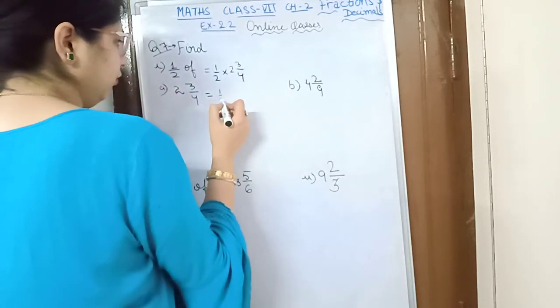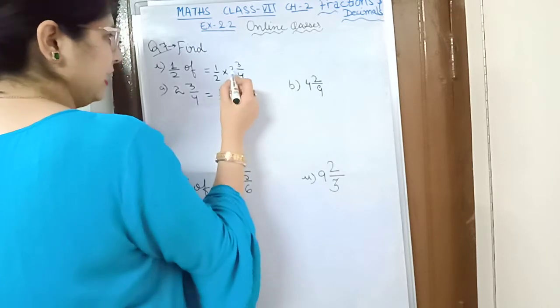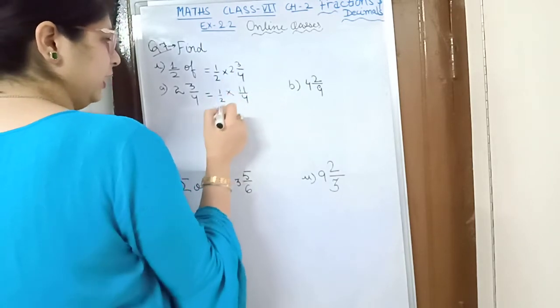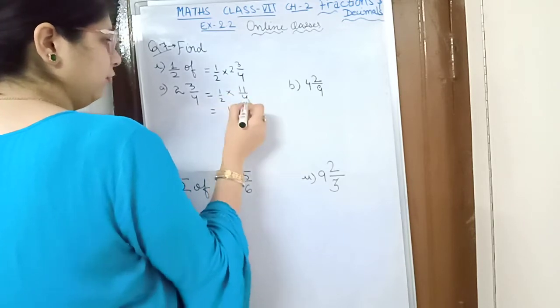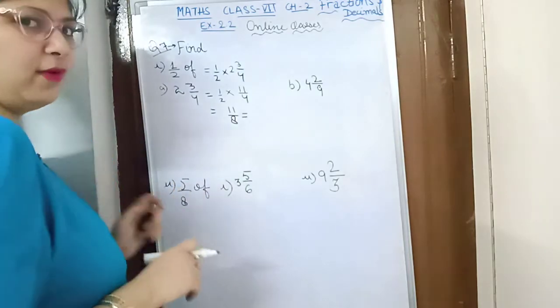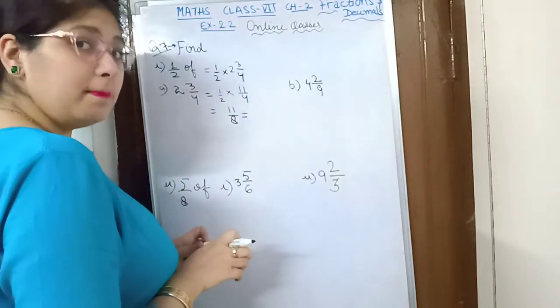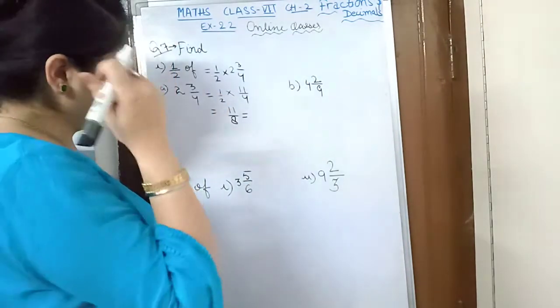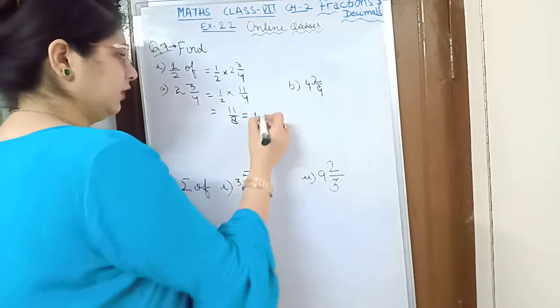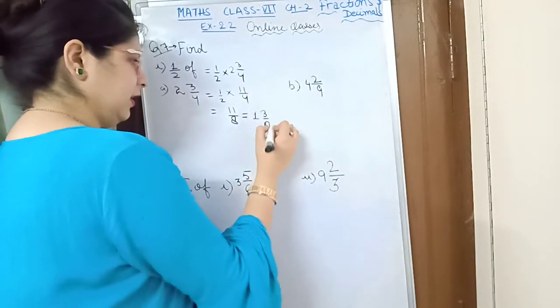So 1 by 2 into 4 2 is 8 plus 3 is 11 upon 4. So 1 into 11 is 11, 2 into 4 is 8. So this is your answer in improper fraction, but you have to convert it into a mixed fraction because they are saying you have to convert into mixed fraction. So 8 ones are 8. After that 3 upon 8 is the answer, so 1 3 upon 8.